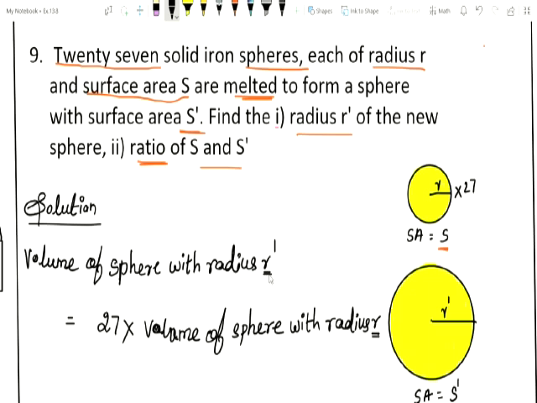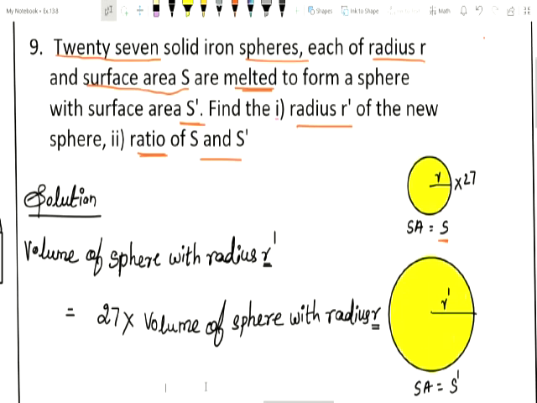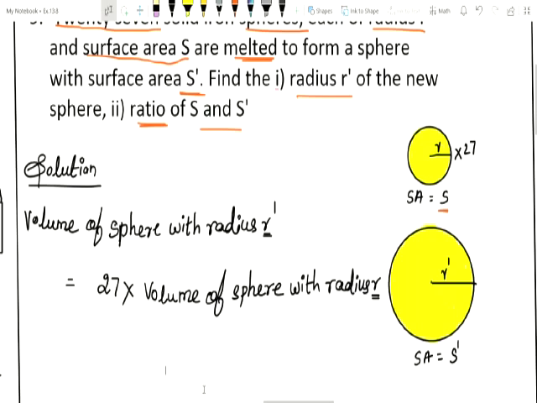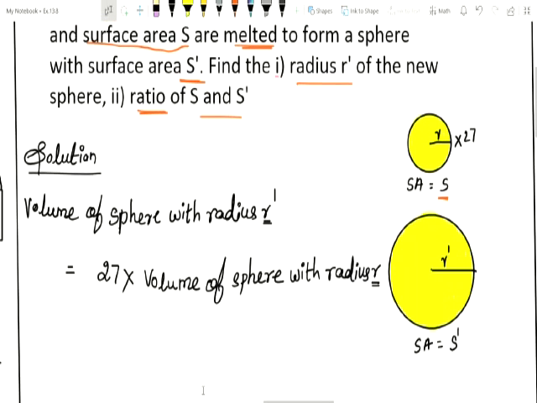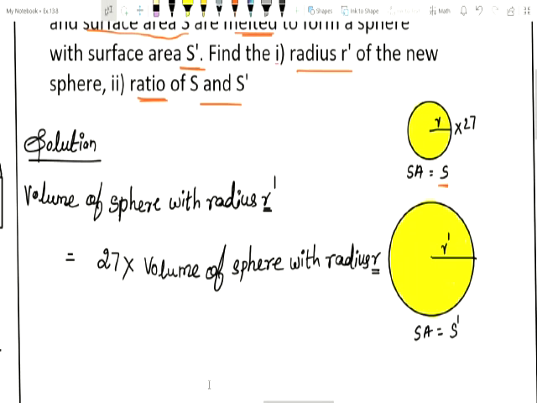New sphere radius is represent R dash is equal to 27 into volume of sphere with the radius R. Okay, children. Because they used the word melted. Okay, melted means they are representing the volume only.